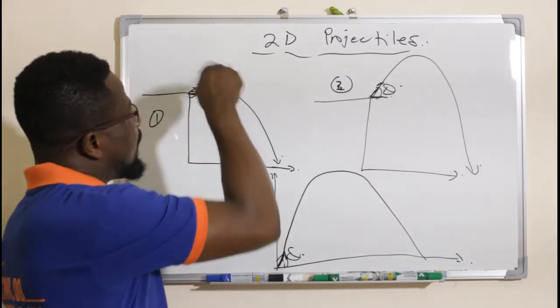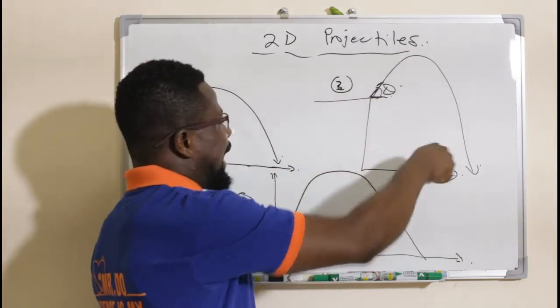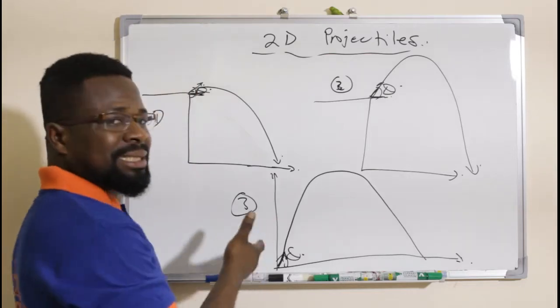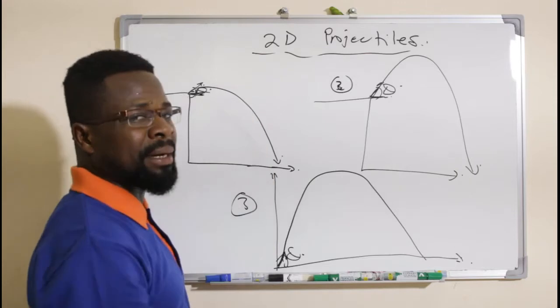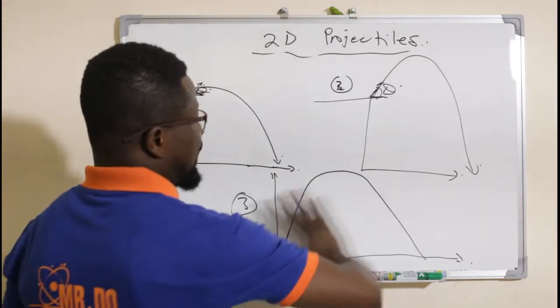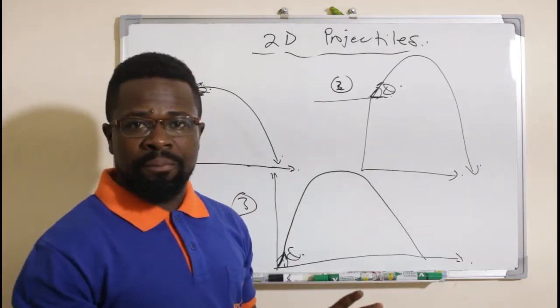So whether the object is dropped, or projected to a certain height and returned back into the ground on a cliff, or the person stands on the floor just like I am here now, and throws it and it goes up and returns back to the ground, we can have all these three situations to solve problems.